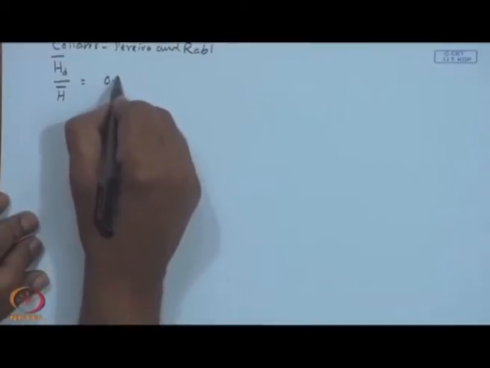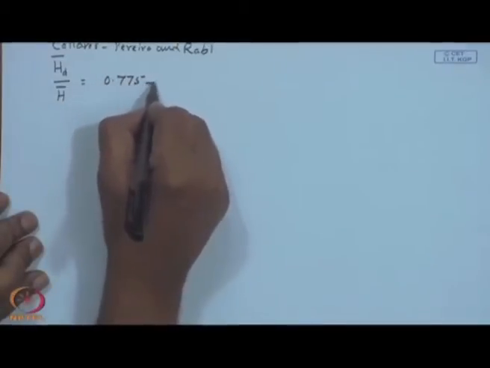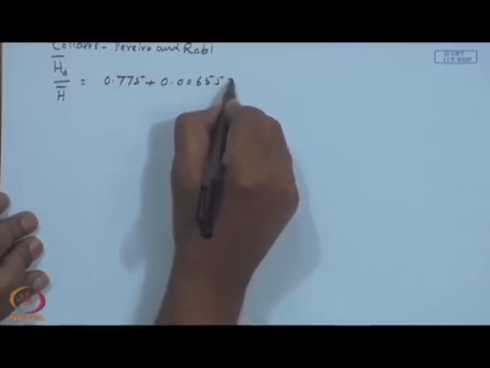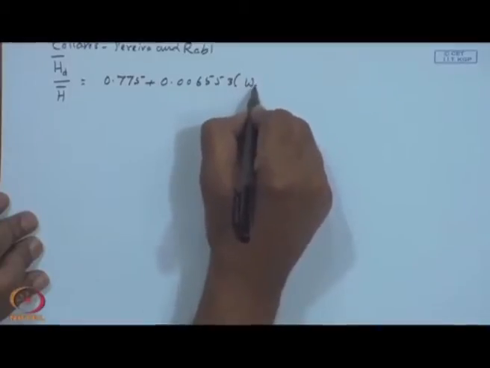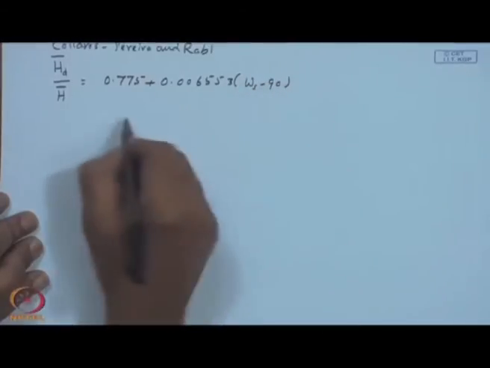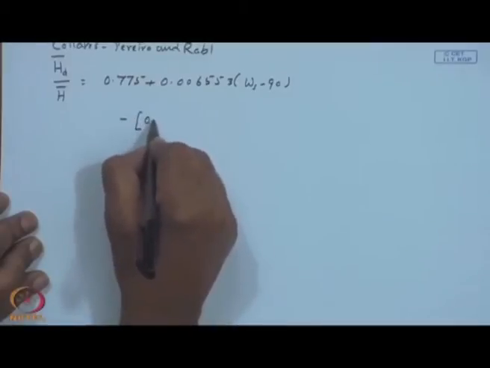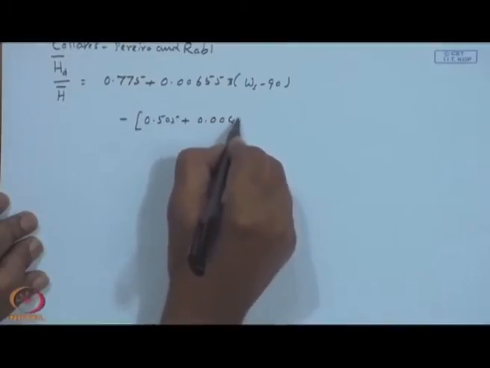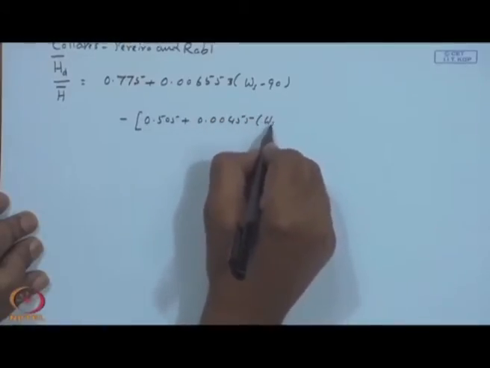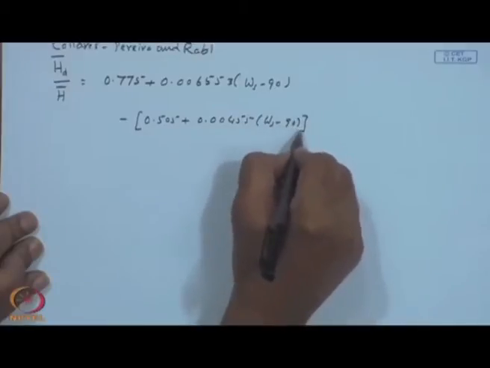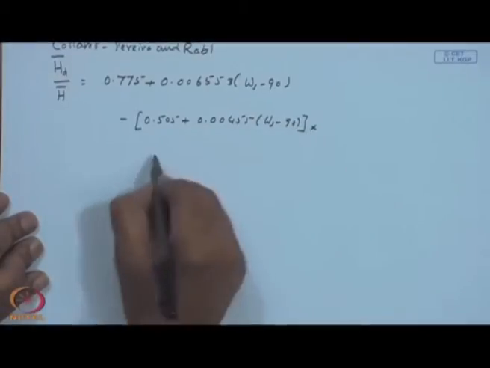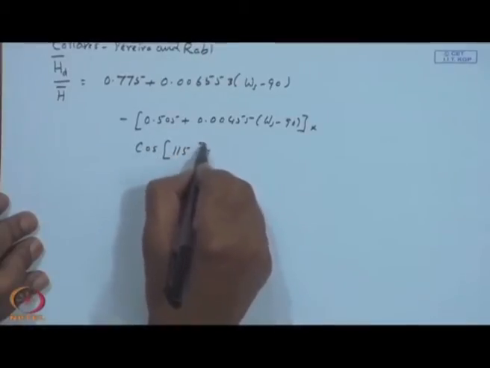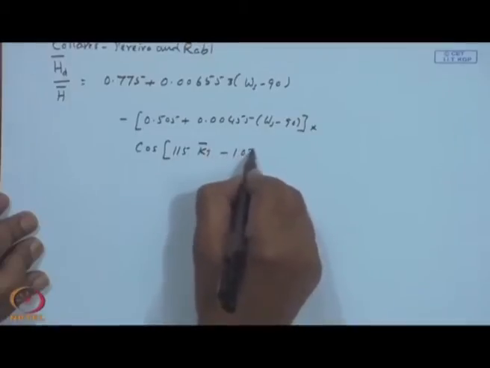Which is 0.775 plus 0.006553 times omega s minus 90, minus 0.505 plus 0.00455 times omega s minus 90, times cos (115.80 bar minus 103).